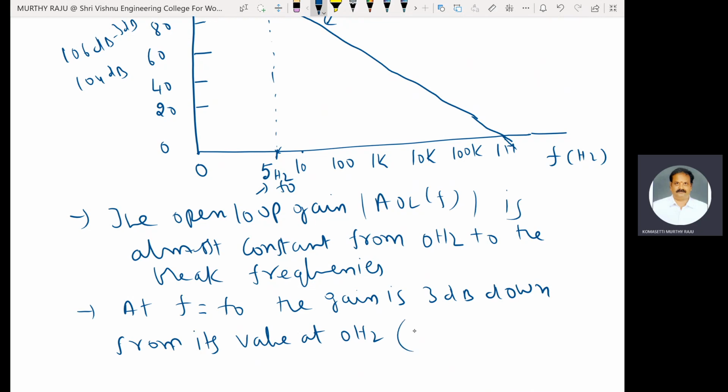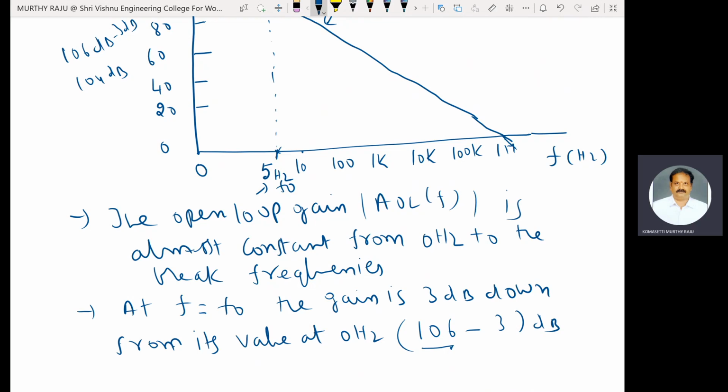From its value at 0 Hz means 106 minus 3 dB. This is the open loop gain of an op amp at 0 Hz frequency, minus 3 dB.